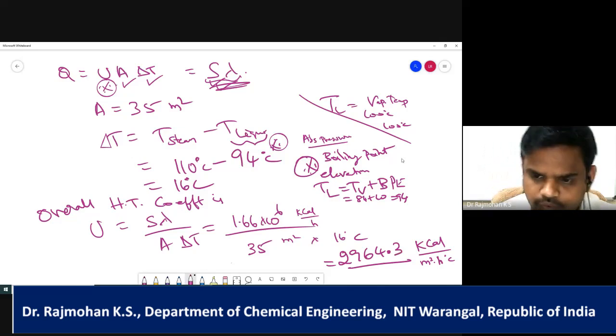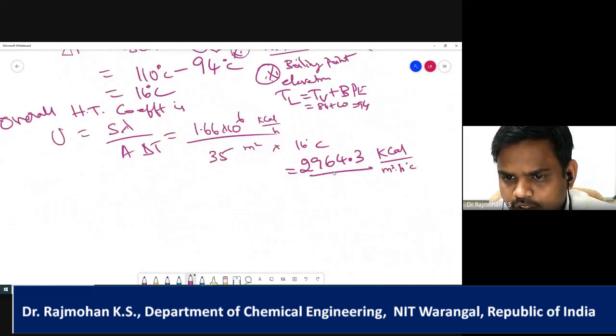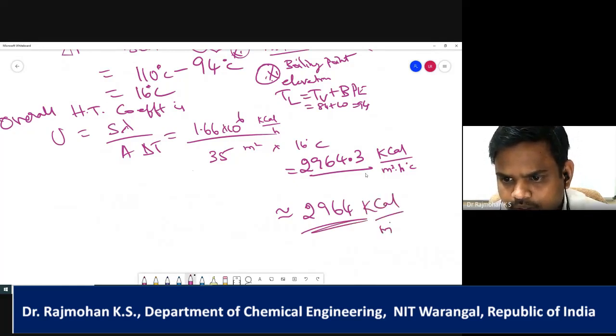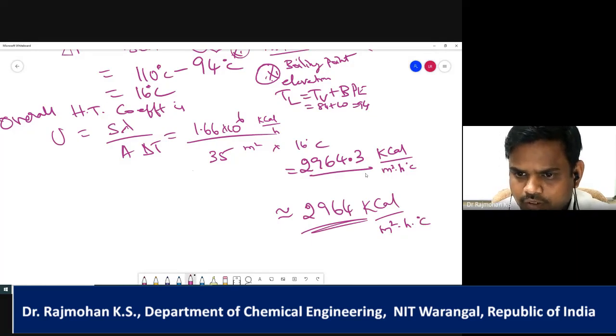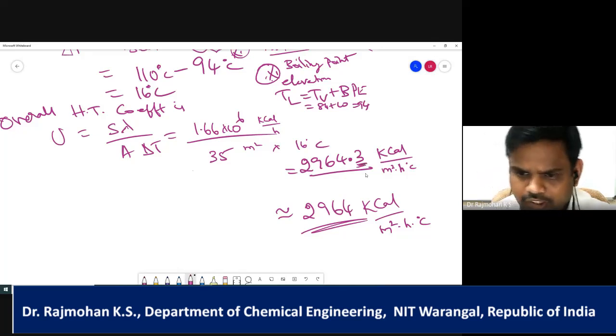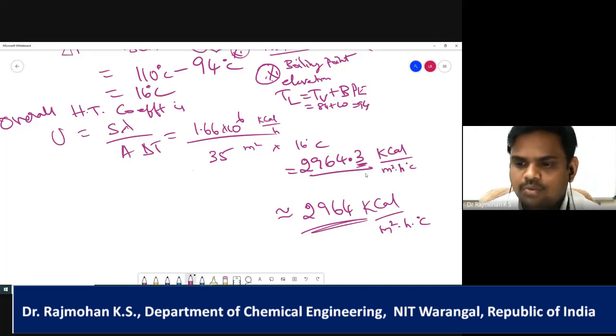Okay, so you can round it. You have to round it because when you are talking in these 1000 values, we can say 2964 kilocalories per meter square per degree Celsius. Okay, this is more than 0.5, we can round to the next number. Less than 0.5 means less than 5, we round to the previous number, right? So that is why we have rounded our answer to this value.